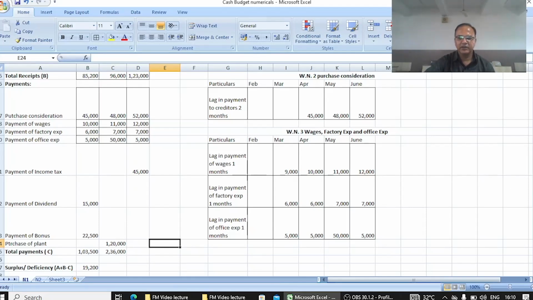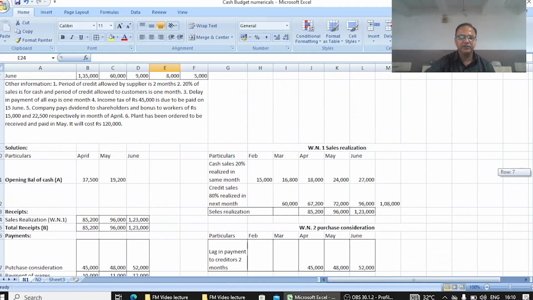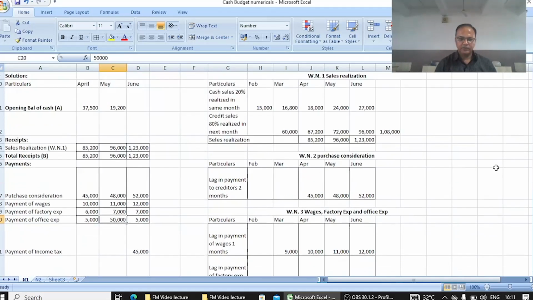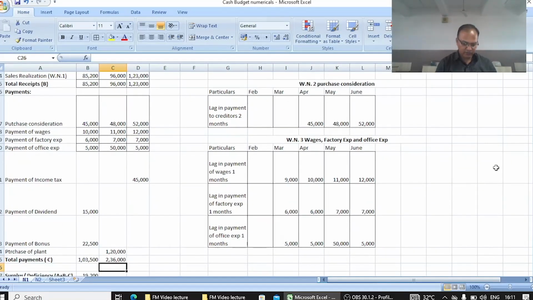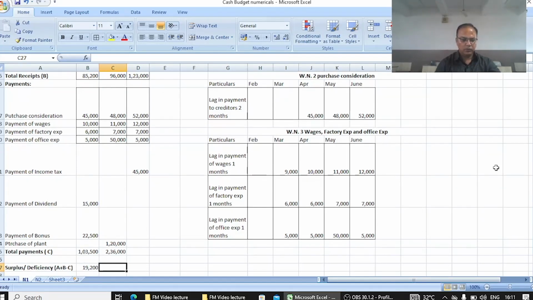Now it's 236. Again A plus B minus C. A plus B means 19,200 plus 96,000. It means 115,200. 115,200 minus 236 is 120,800 minus.